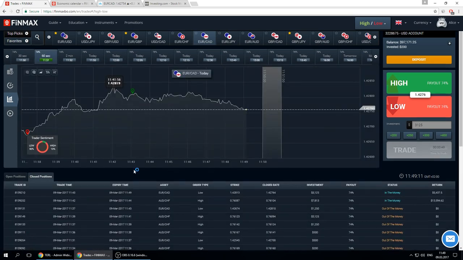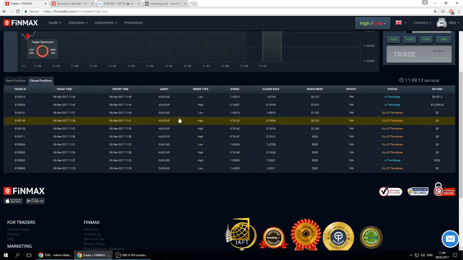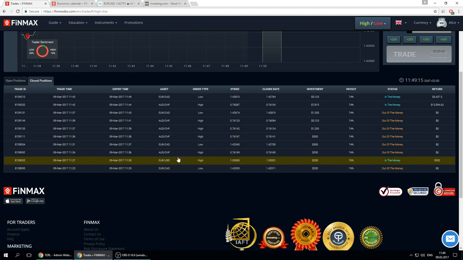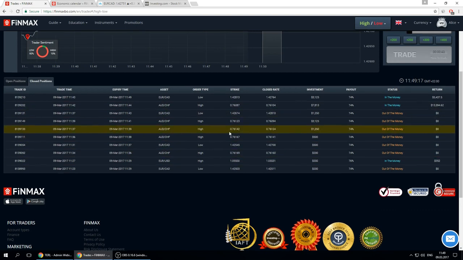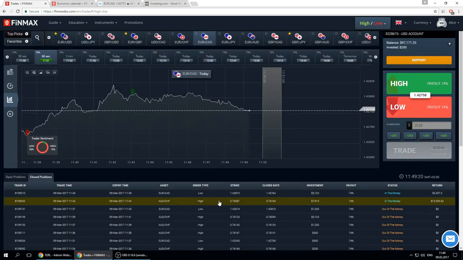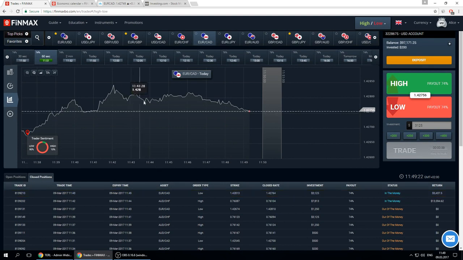So let's see the results. Here we have a row of bad trades, but we closed them in profit thanks to this one and this one.